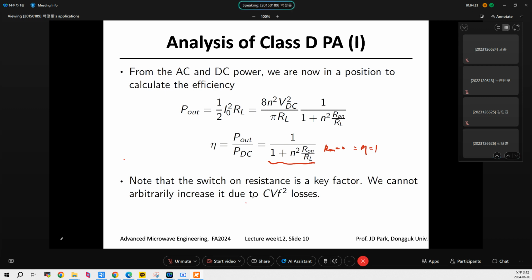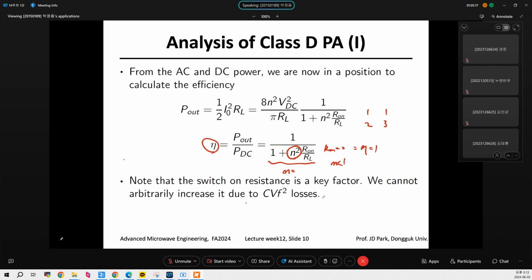But we notice that in order to improve efficiency, there are two ways. We need to set this n as small as possible, for example, 2 to 1, 3 to 1. Those are good, because n is smaller than 1.